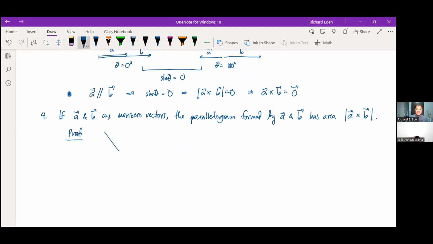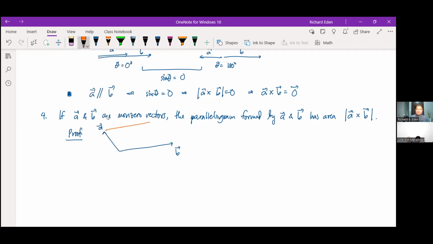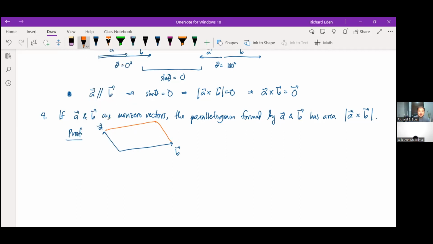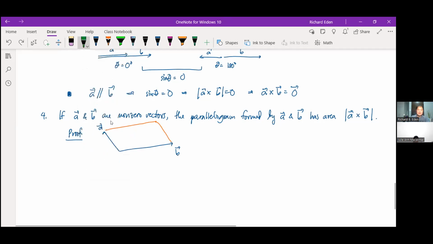So let's say this is vector A, and this is vector B. The parallelogram that's formed would then be this parallelogram. Okay, and if we label the vertices as follows, let's call this P, Q, R, S.